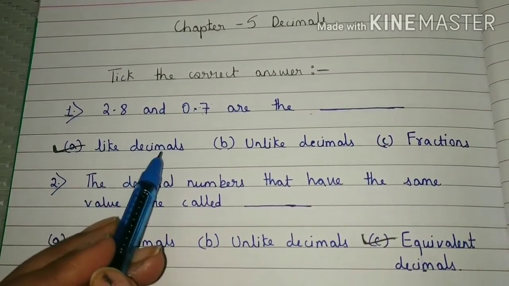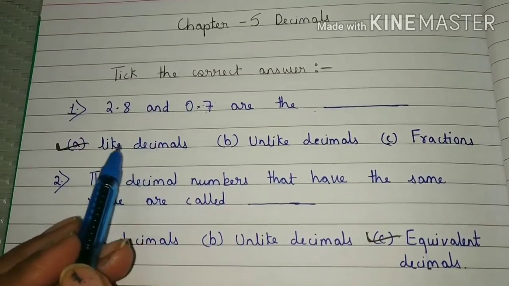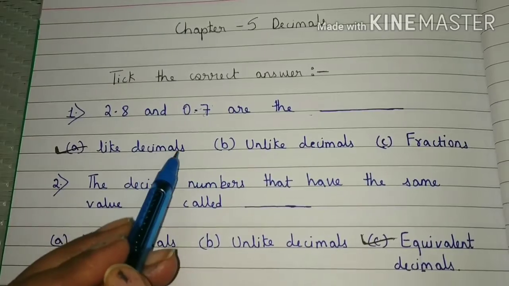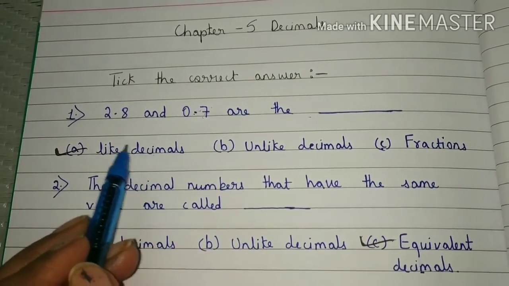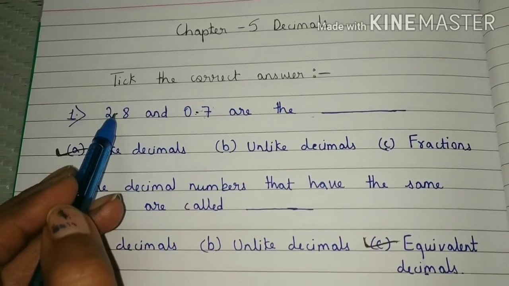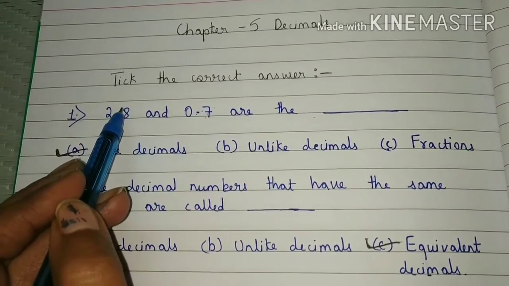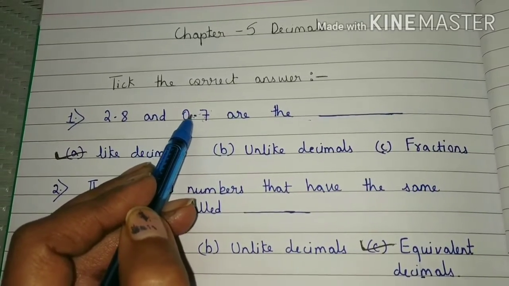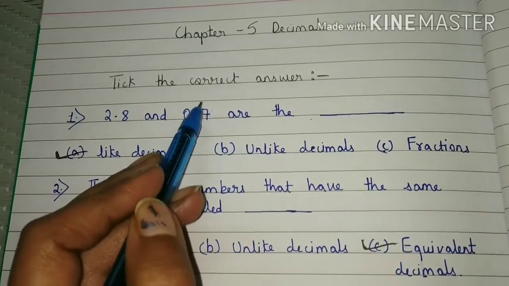Why like decimals? Because like decimals are those decimals which have the same number of decimal place. Now students, you can see here after the decimal point number of digit is 1. Here also after the decimal point number of digit is 1.